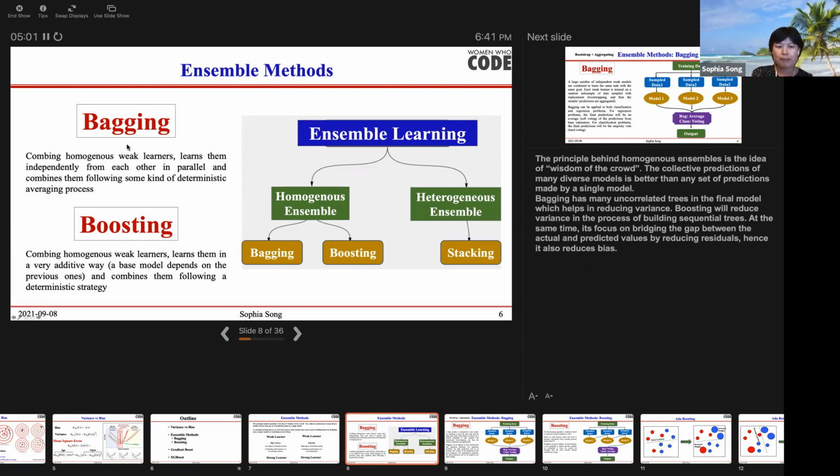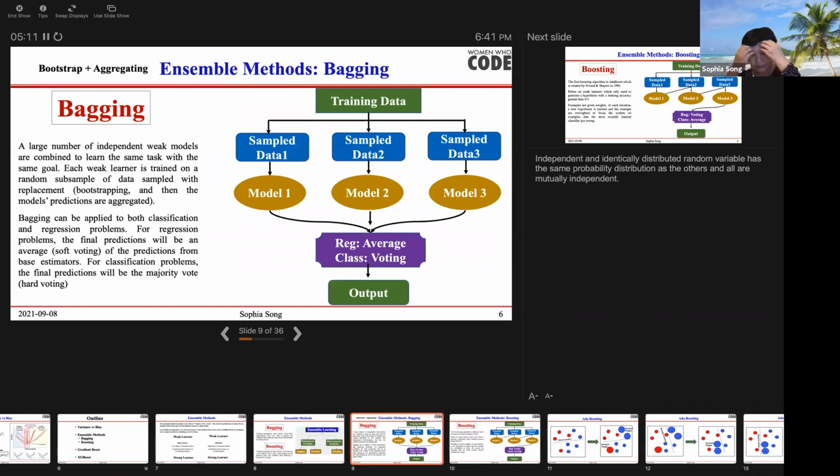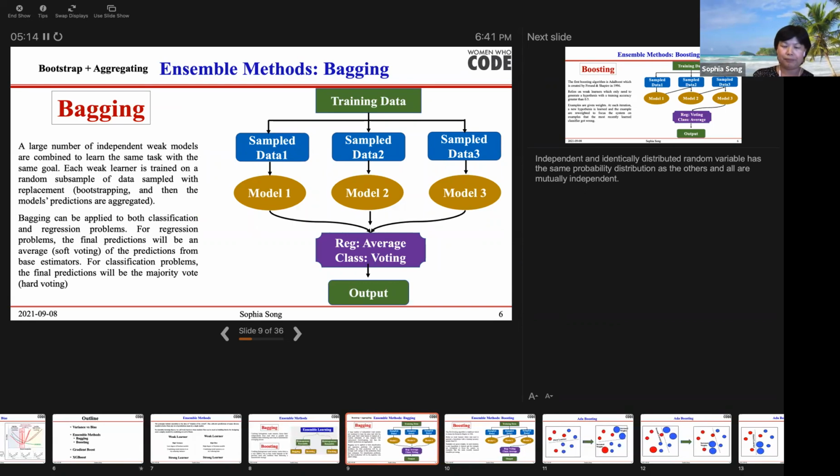So here are bagging and boosting. These are two very popular, very famous ensemble methods, right? For bagging, we have a very large number of independent weak models. We also have a large data set.